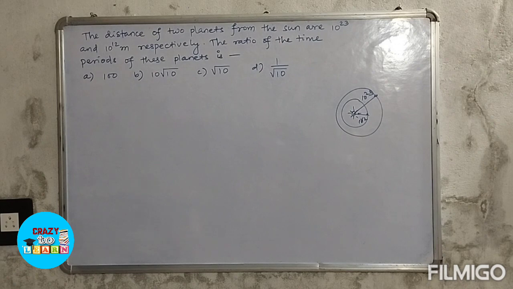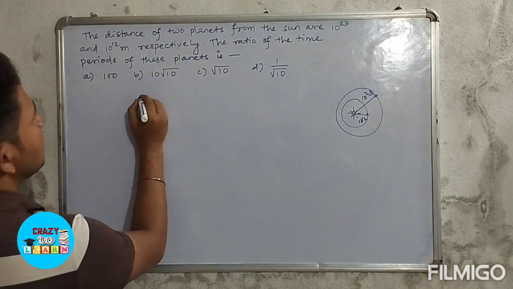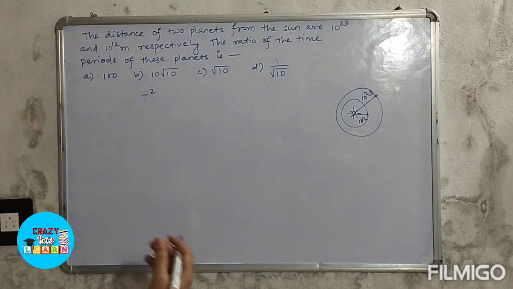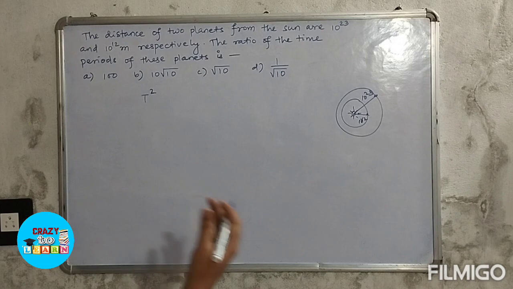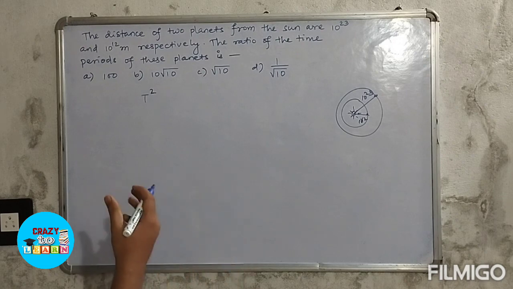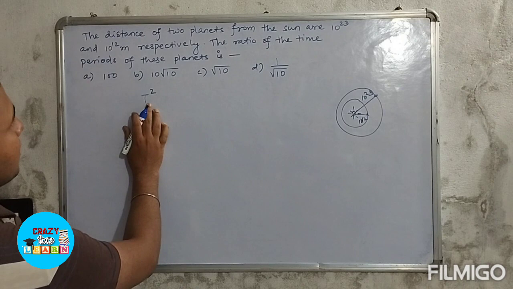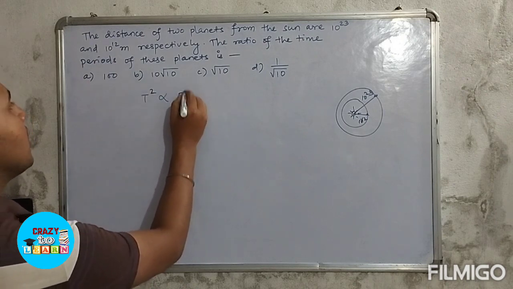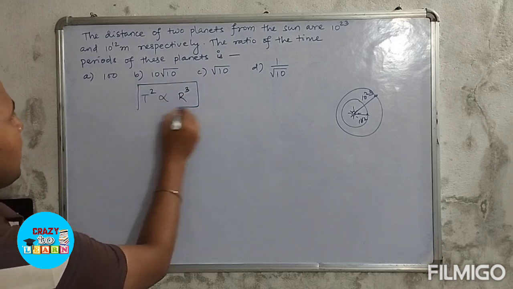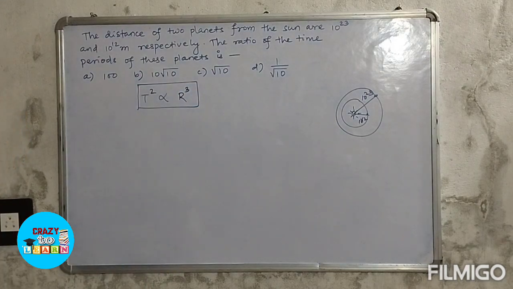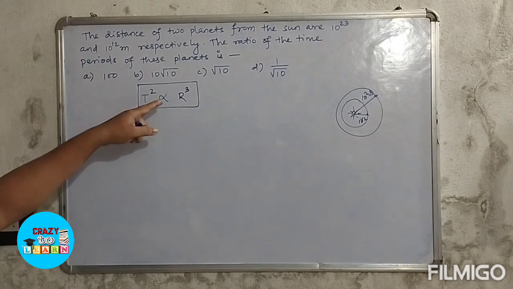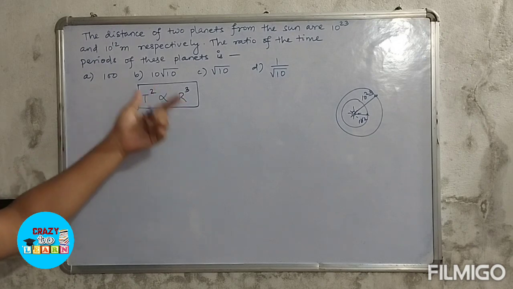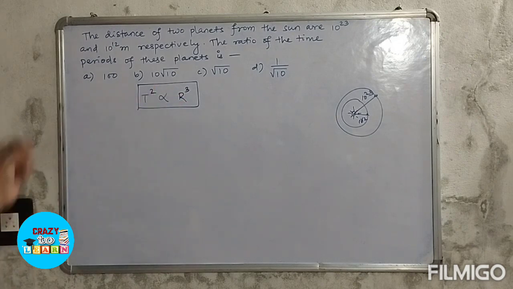So all you know, the square of the time period T, T square, is directly proportional to r cube, the cube of the radius of the orbit. You should know this relation.